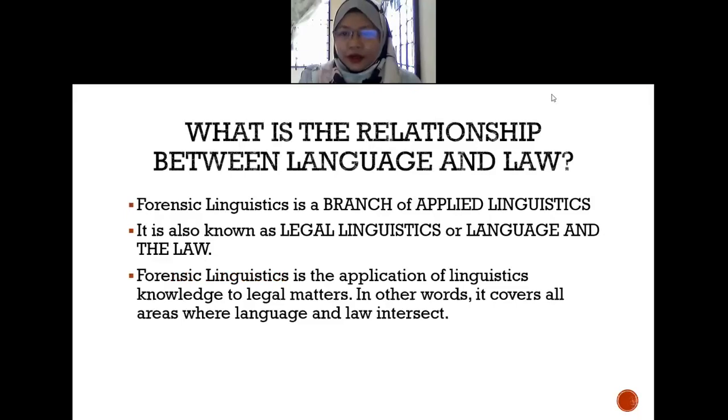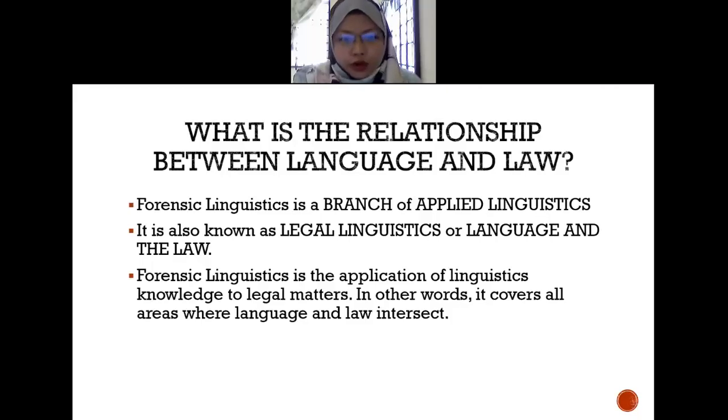Okay, so what is the relationship between language and law? Forensic linguistics is a branch of applied linguistics. For those who know what applied linguistics is, forensic linguistics is part of it. And of course, we have other subfields of applied linguistics as well, for example medical communication, or even educational linguistics, and so on.